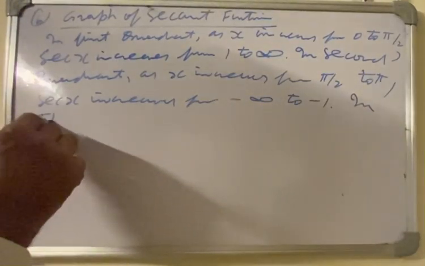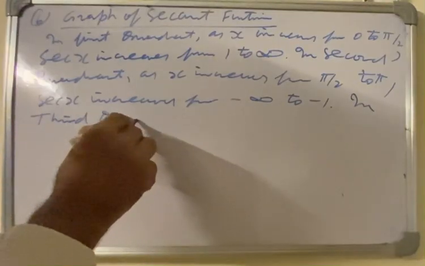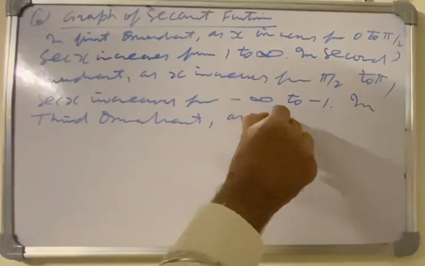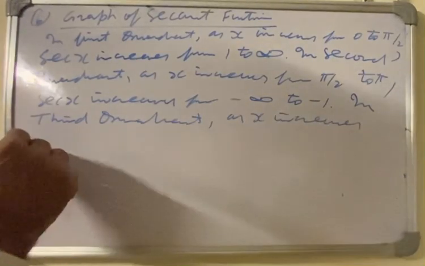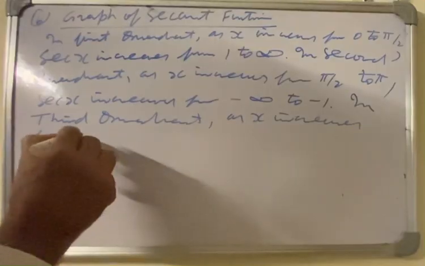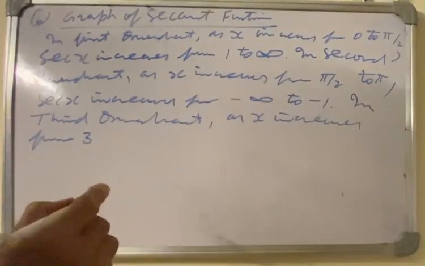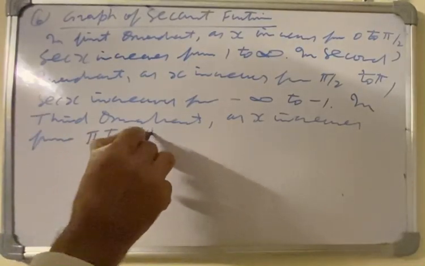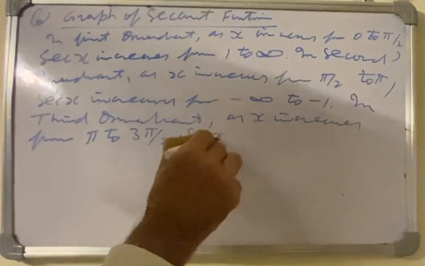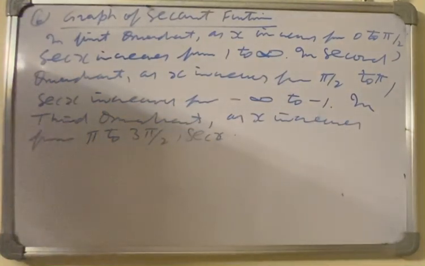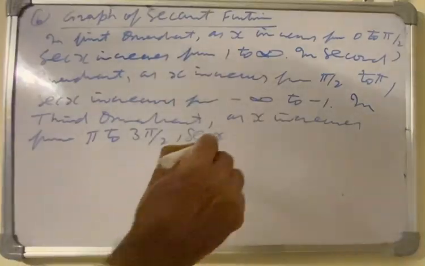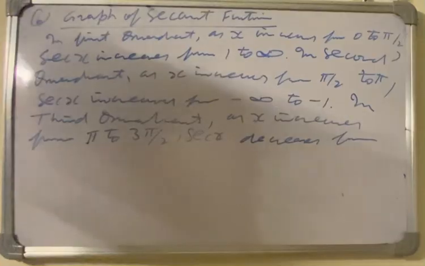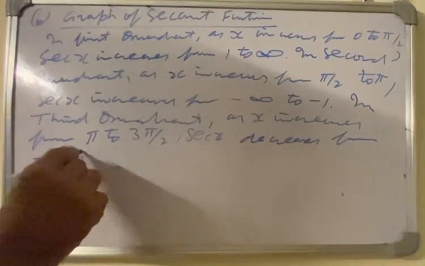In third quadrant, as x increases from pi to 3 pi by 2, secant x decreases from minus 1 to minus infinity.